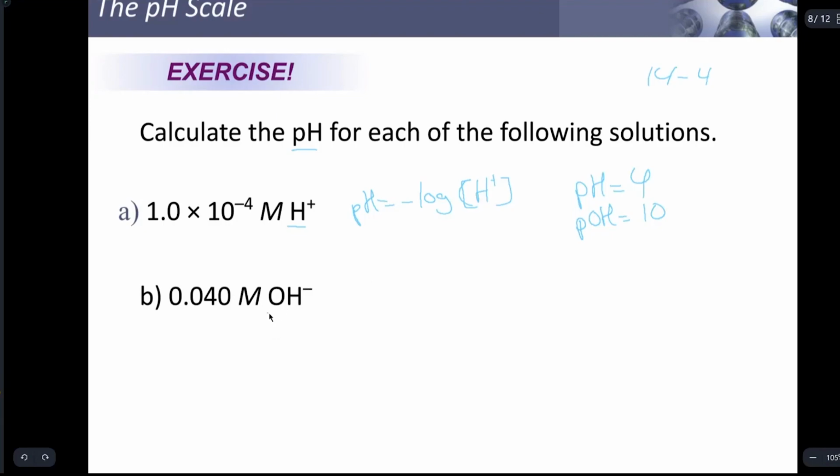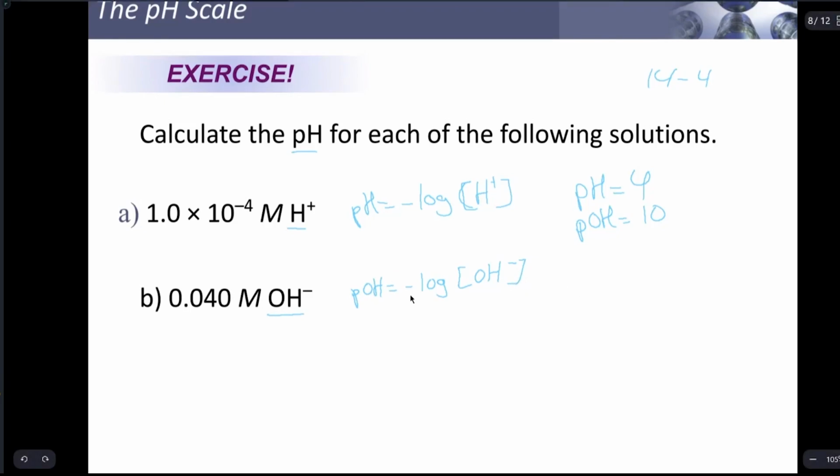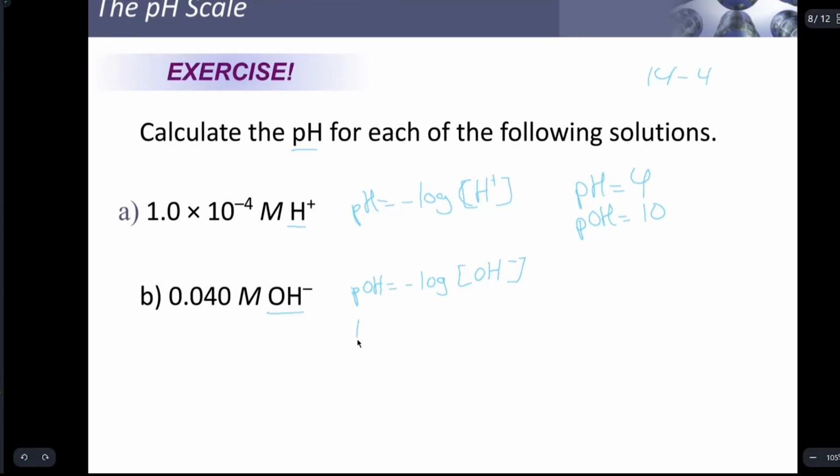In B, we are given the OH value, so it is easier for us to find the pOH first and then find the pH using that. So if we put pOH equal negative log of 0.04 into our calculators, we will get pOH is equal to 1.39, or simply 1.4 to round.